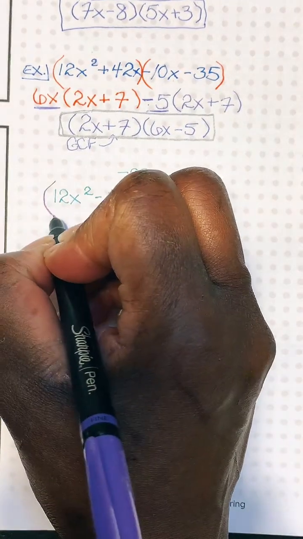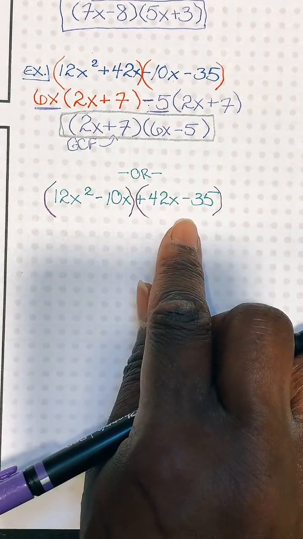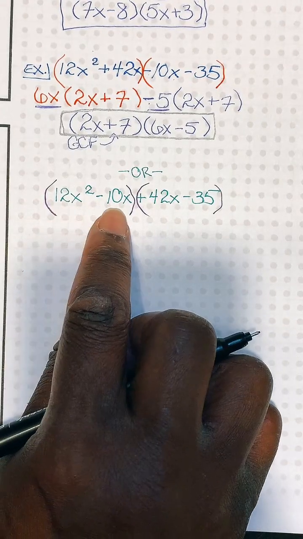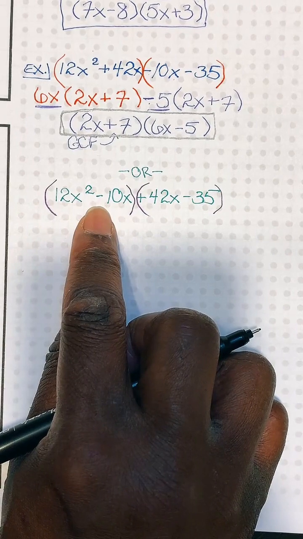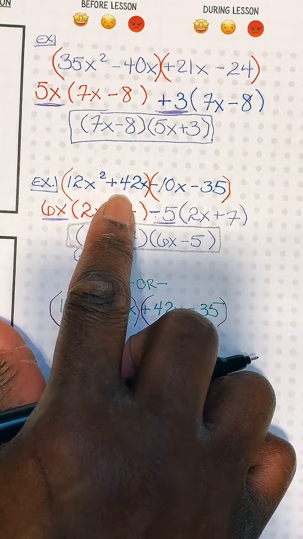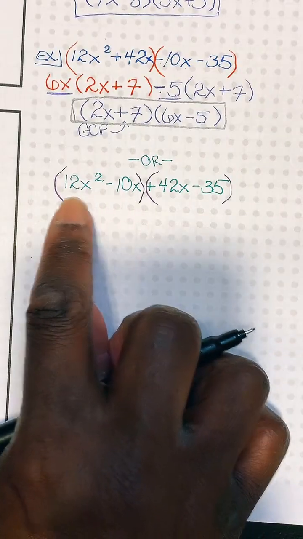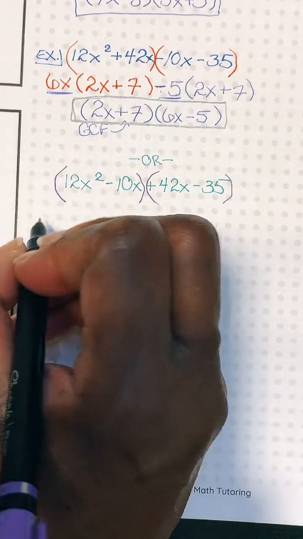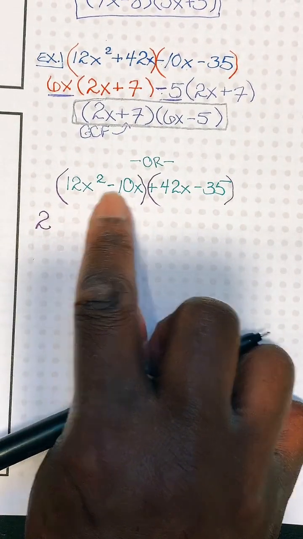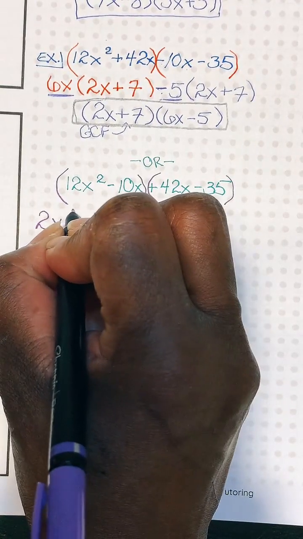So if I try to do the grouping, okay, group the first two, group the last two. So now with the grouping, I have 12 and 10s. Notice it's not as painful as trying to figure out 12 and 42, right? So if you have 12 and 10, what do they have in common? They have 2. And since there's 2 x's here and there's 1 x there, we're going to have 1 x in common.